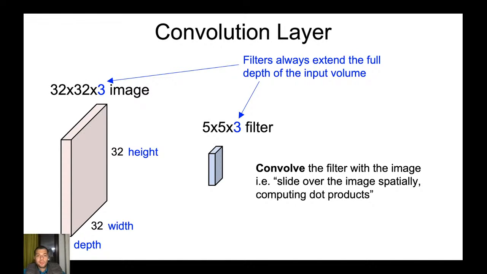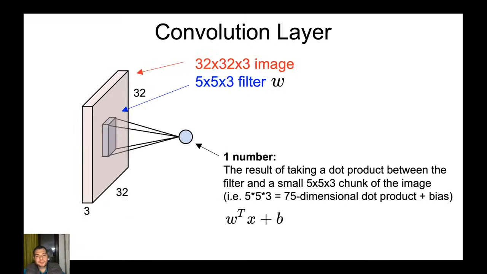Okay, so the first observation is that the convolutional filters, at least in standard architecture, always extend the full depth of the input volume. So here we have 3 channels RGB, and the convolutional filters are applied on all 3 channels at once. And the result of the convolution operation, as I said before, is a single number.